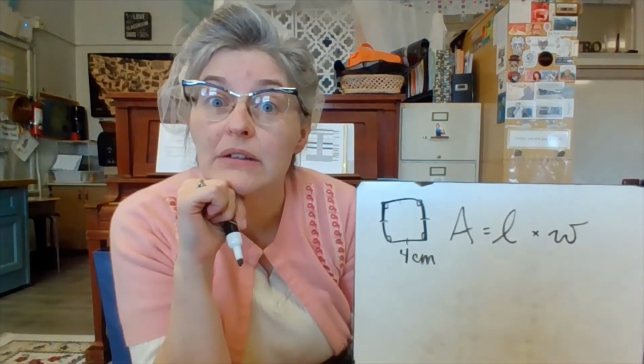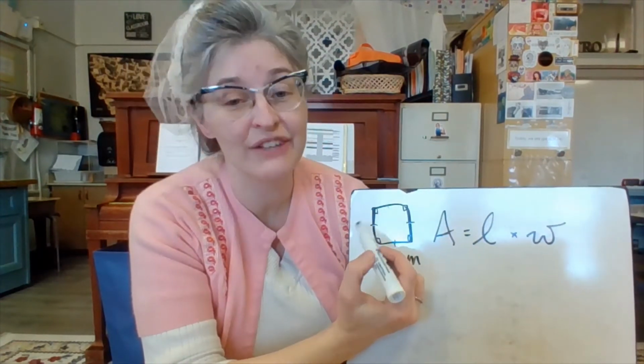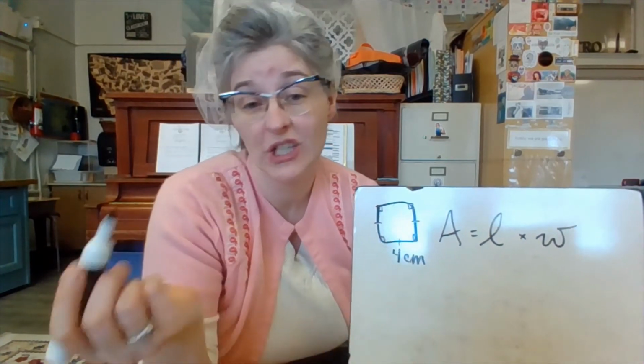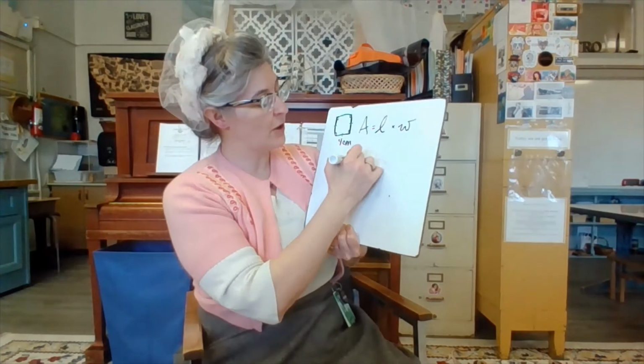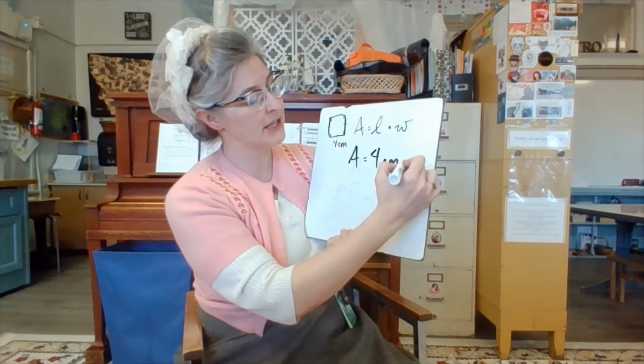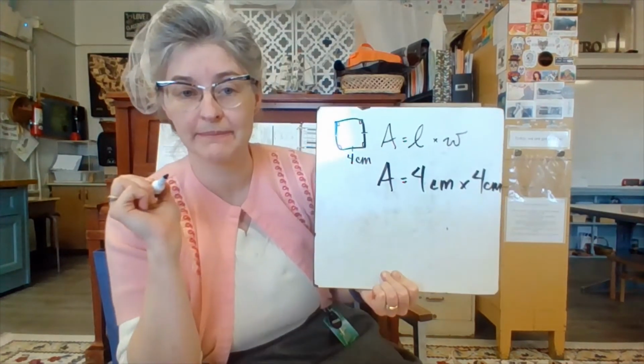Oh, but wait, it's a square. Every side is 4 centimeters long. So the length and the width just happen to match. So area equals 4 centimeters times 4 centimeters.